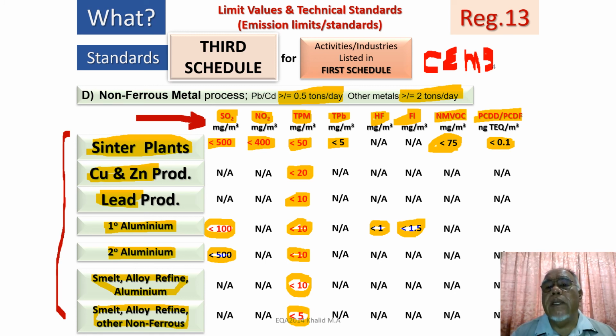If they are producing equivalent to or more than 2 metric tons per day, this is the law for them. This is their environmental standard. These are the parameters for them, and this is their requirement for CMS and whatnot. If they are producing less than 2 metric tons per day, then their emission standard will be in the fourth schedule and fifth schedule. That's about it.